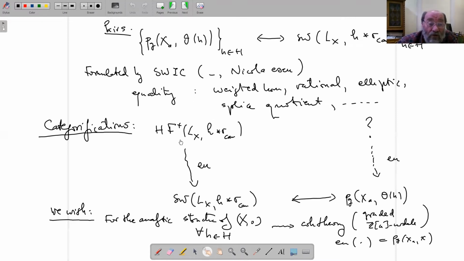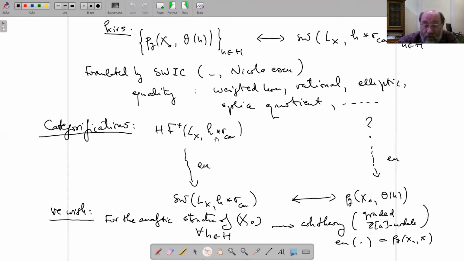Let's go back to the main question we asked at the very beginning: categorification. On the topological side, we have the Seiberg-Witten invariant, and there is Heegaard Floer, or the monopole homology of Kronheimer and Mrowka. So we have homology theories of the link of the three-manifold whose Euler characteristic is the Seiberg-Witten invariant.